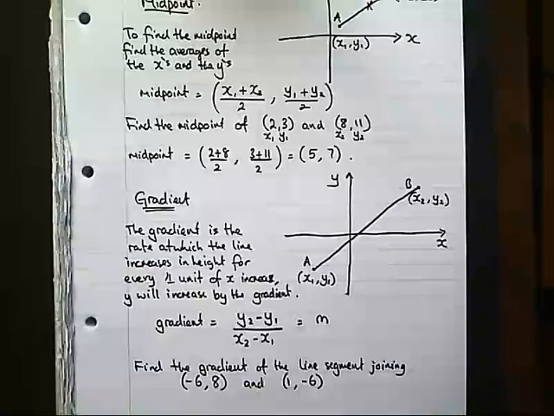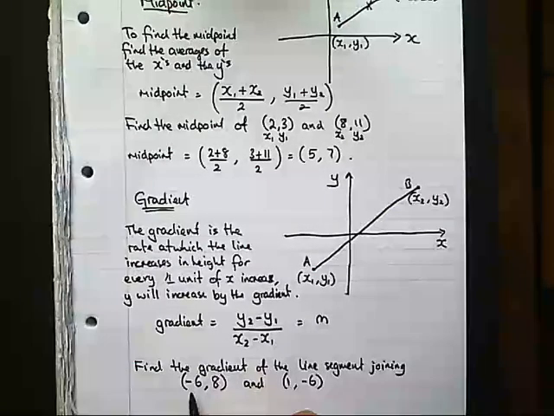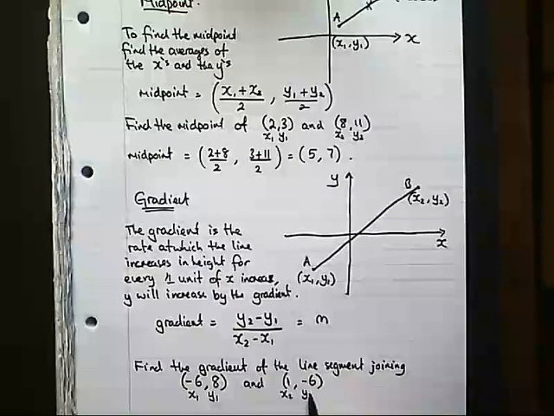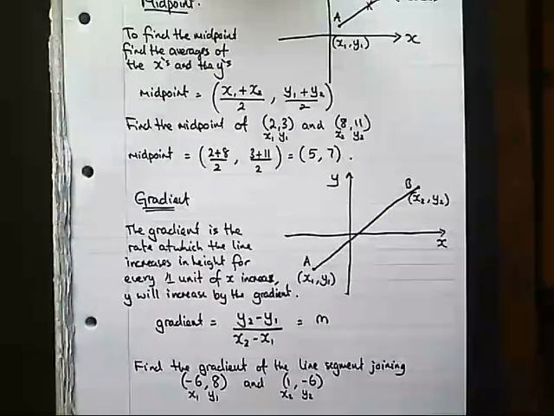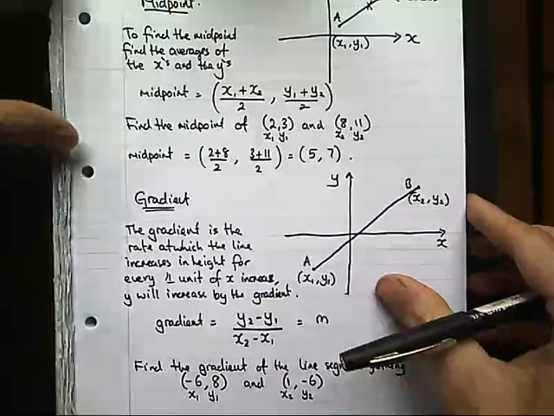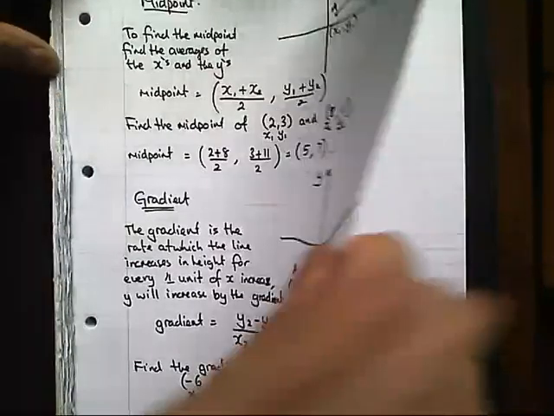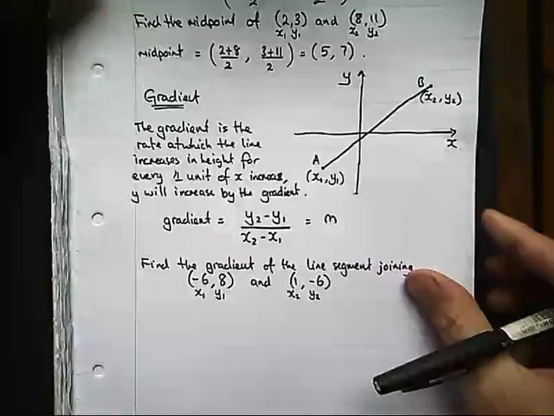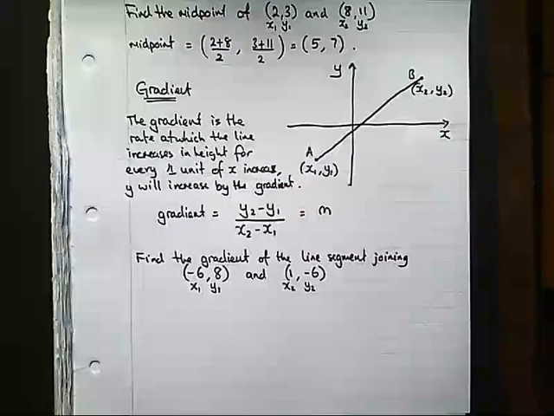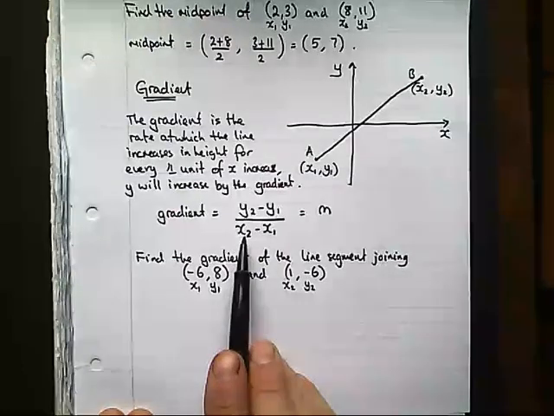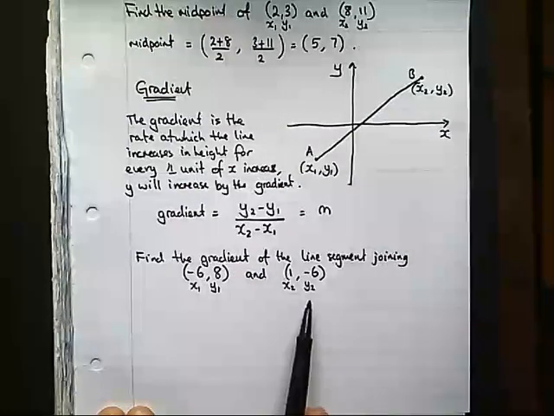Okay, so to find the gradient, let's call this first point x1, y1, and this second point x2, y2. It doesn't matter which way round you call these. So using the formula that we have, we need to take the y values, y2 and y1.